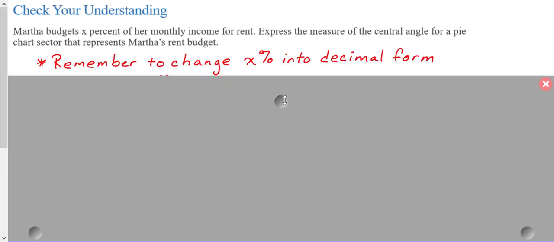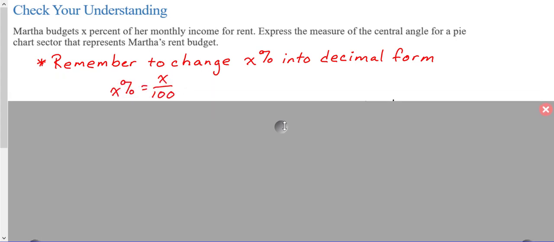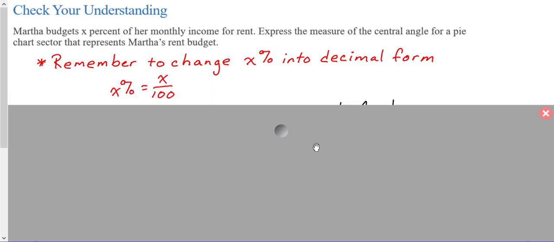Okay, in this Check Your Understanding, Martha budgets X% of her monthly income for rent. We need to express the measure of the central angle for a pie chart sector that represents Martha's rent budget. One of the first things we need to remember is that if it's X%, we need to change that into decimal form, and you do that by dividing by 100.